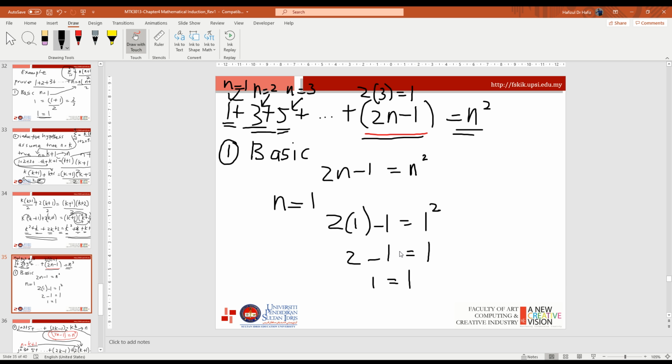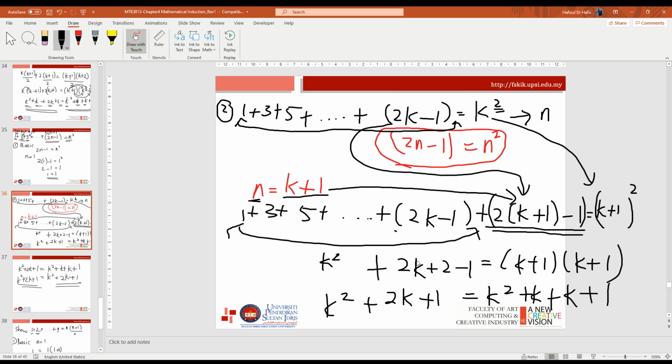Another example, this one is for the basis. For the basis, for this, 1 plus 3 plus 5 plus up to 2n minus 1. If we replace n, the terms we can have here are 1 plus 3 plus 5 plus 7 and so on, is equivalent to n power of 2. For the basis, we can get the true answer.